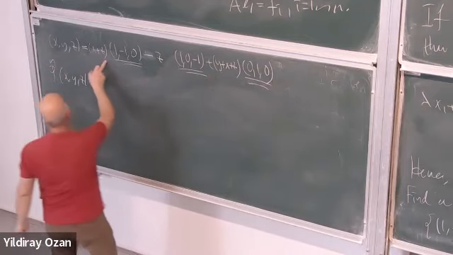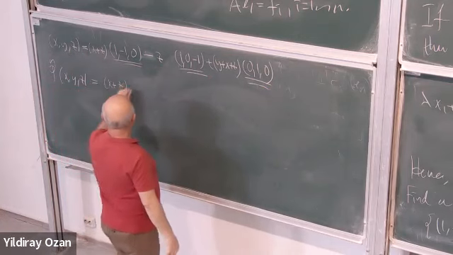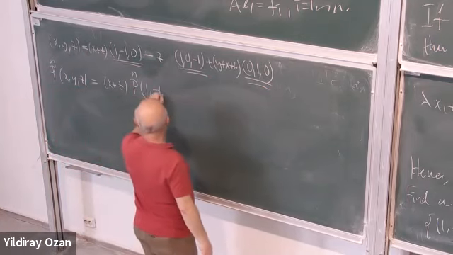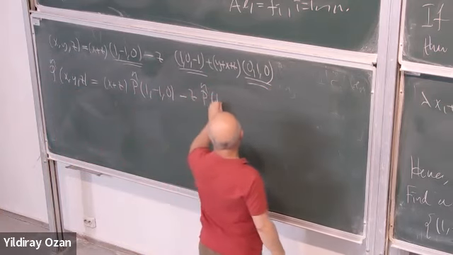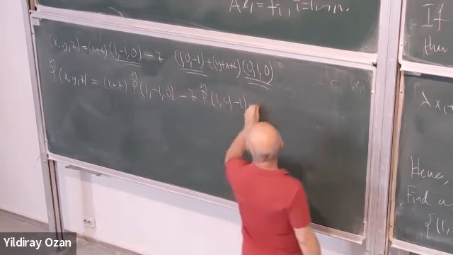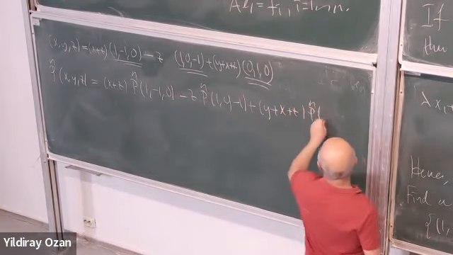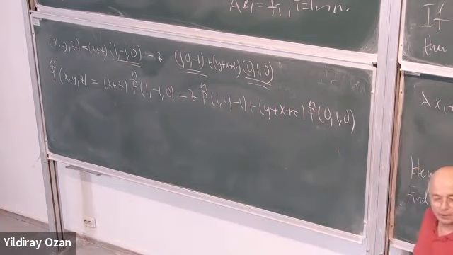And I can take these constants out, so I get X plus Z times P hat of this one, minus Z times P hat of 1, 0, minus 1, plus Y plus X plus Z times P hat of 0, 1, 0. Okay?